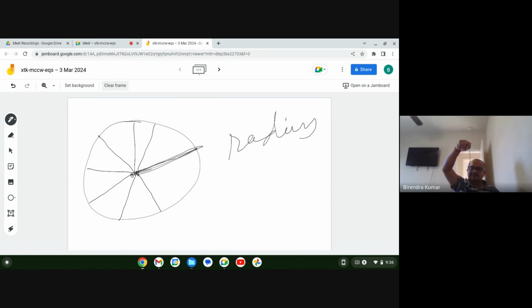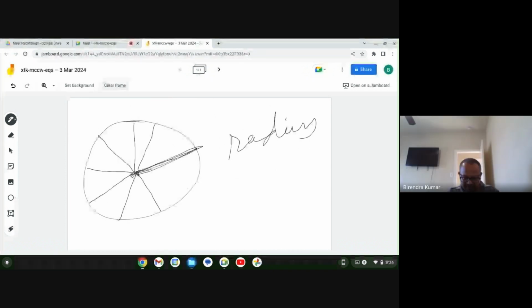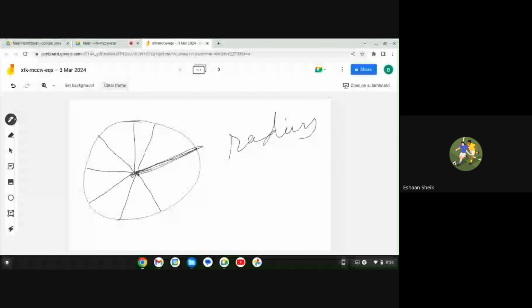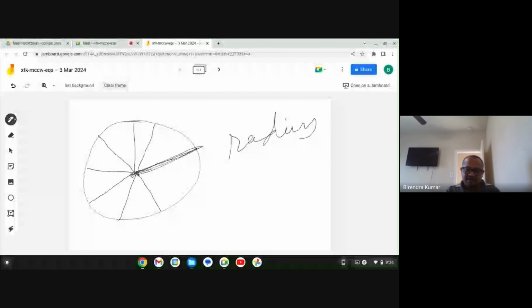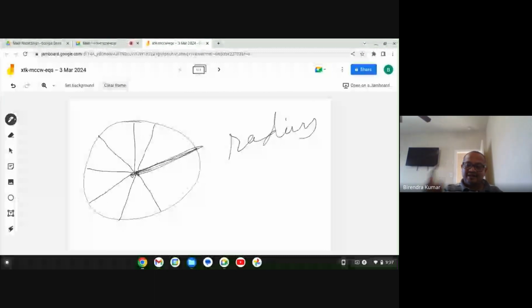From here to here, this is the length of the wire, or the radius, which was making the circle. Because the distance from my hand to the border of the circle was the same, because the length of the wire was the same. I'm sure you guys would have played with things like this, by tying something at one end and then rotating it, right? So that length of the string, which makes the circle, that length is called the radius.